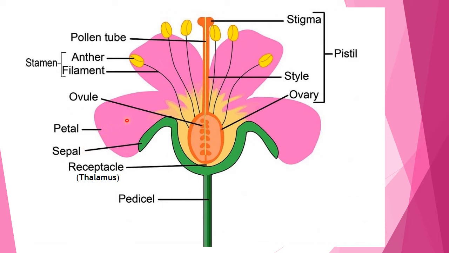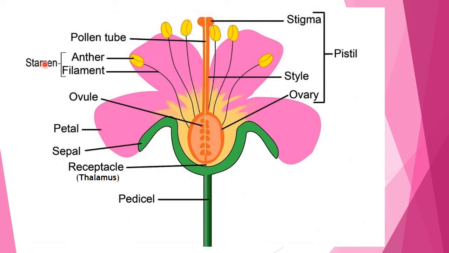Then the colorful portion is known as corolla. The second layer, corolla, is made up of petals. Then the third one is androecium. Androecium is the male reproductive whorl of the flower. Each part of an androecium we can call a stamen.